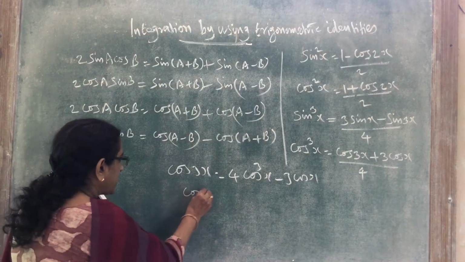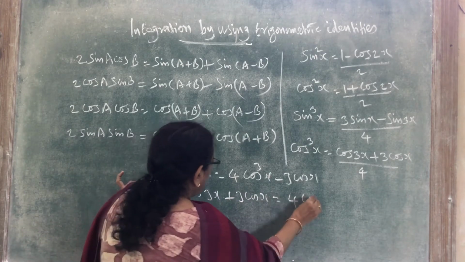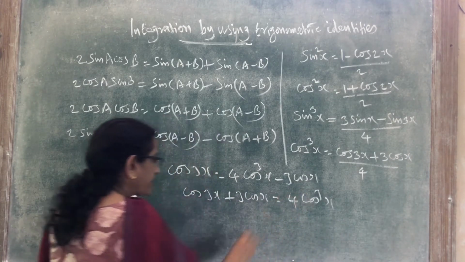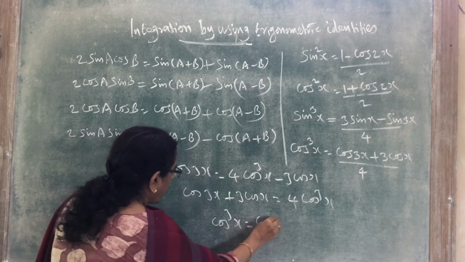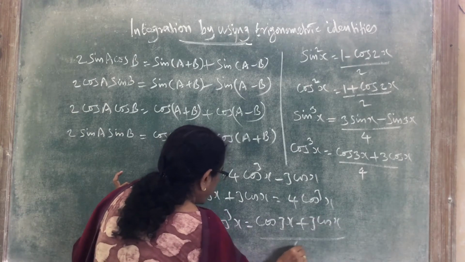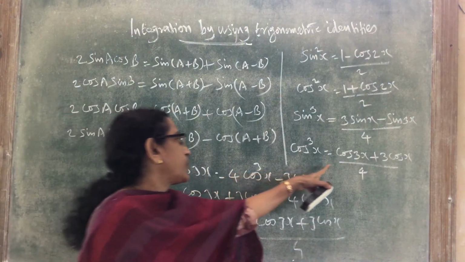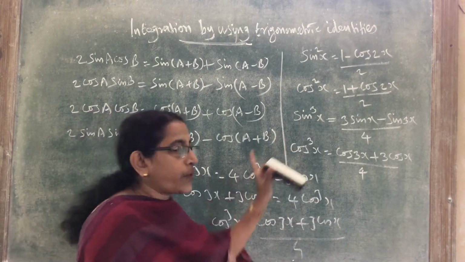So cos 3x plus 3 cos x equal to 4 cos cube x. So from this, what is cos cube x? Cos cube x equal to cos 3x plus 3 cos x whole divided by 4.